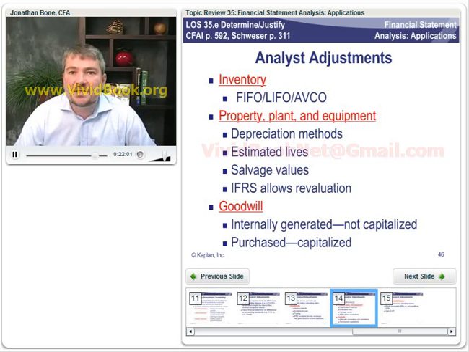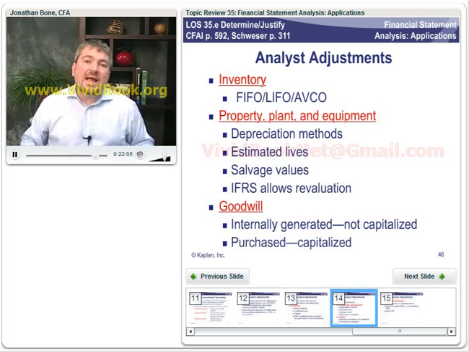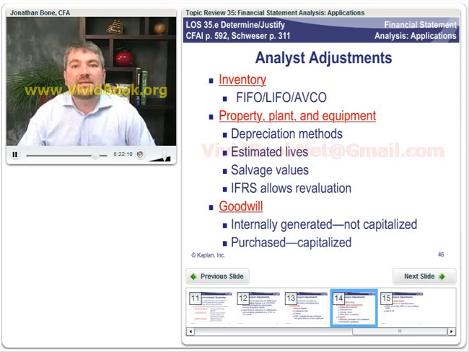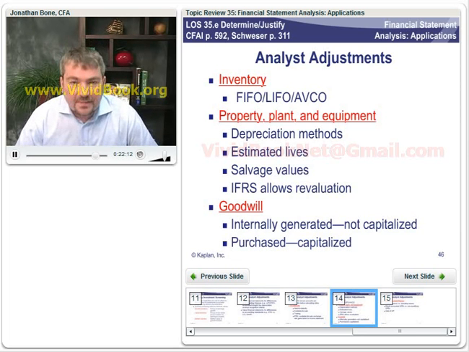Plant, property and equipment: depreciation methods, accelerated or straight line, but then we also need to look at the assumptions that they've used, such as estimated life and salvage value. And again, there's another huge difference here between US GAAP and international accounting standards, and that is IFRS allows you to revalue plant, property and equipment and intangibles to market value and take the unrealized gains and losses into your stockholders' equity. In other words, rather like an available for sale security.